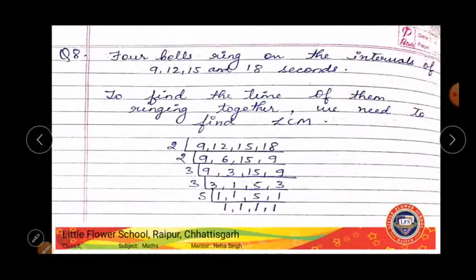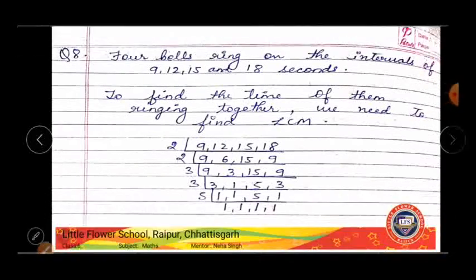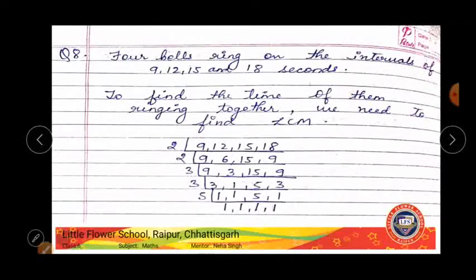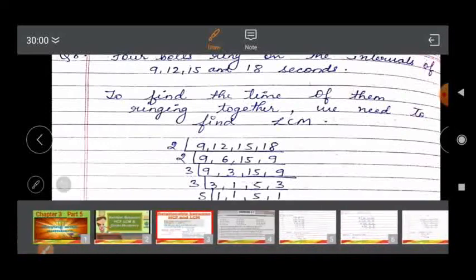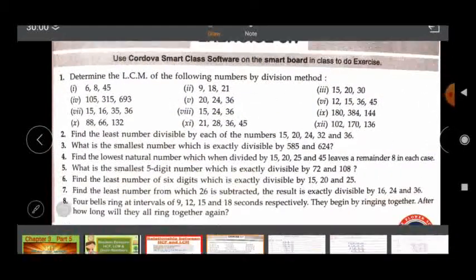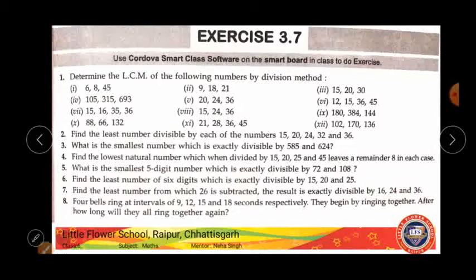Moving on to the next question. Let us see what the question is. 8th question, the last question of this exercise. 4 bells ring at intervals of a few seconds, given as 5, 9, 12, 15 and 18, right?